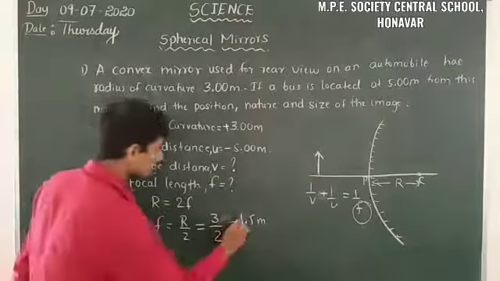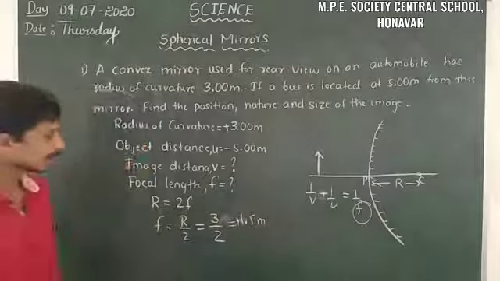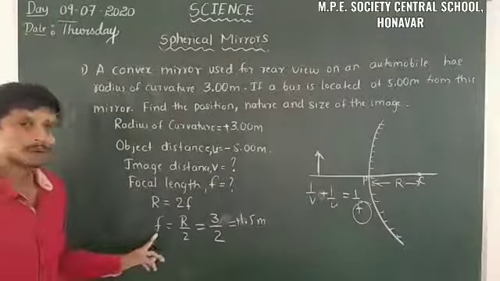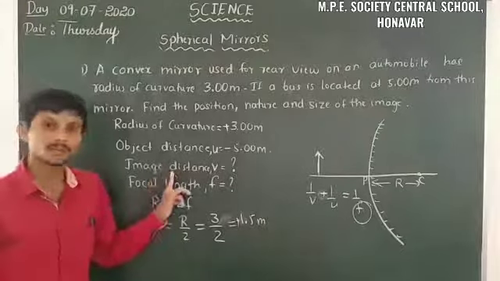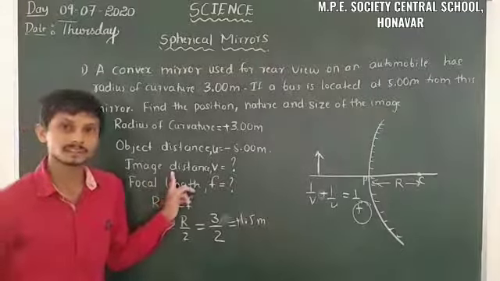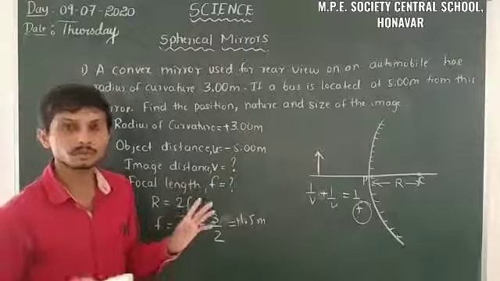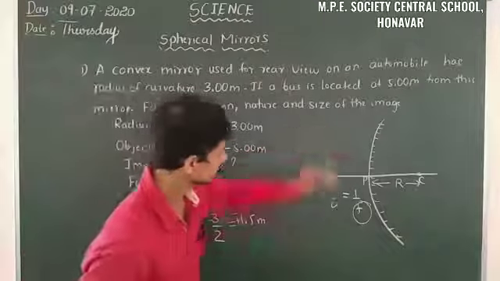So it's plus 1.5 meter. Next, we have the focal length and the object distance, and we have to find the image distance from the mirror formula.